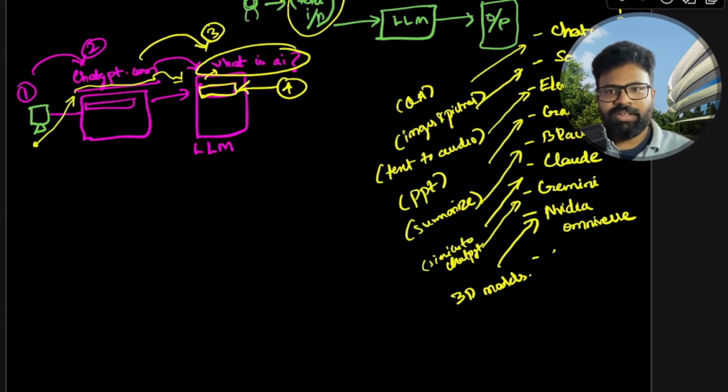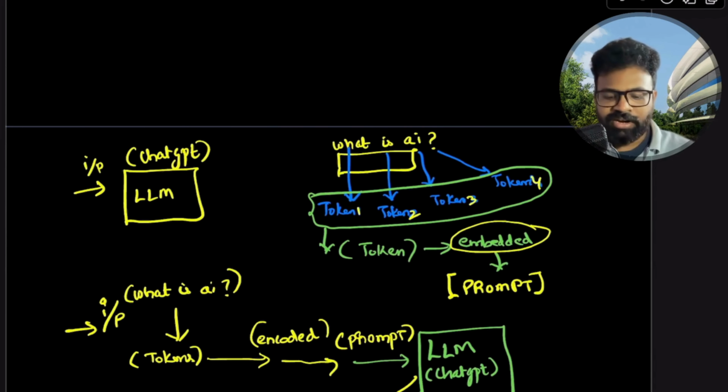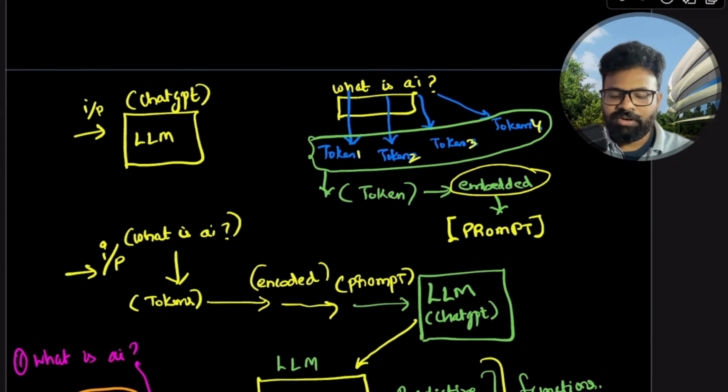There are several competitors upcoming to replace the original OpenAI or the original LLM models. So we saw LLM, the different types of LLM and the use cases, and how the query is generated towards the LLM model. That query is converted into tokens, embedded into a single token, and encoded as a prompt and then fed into the LLM.